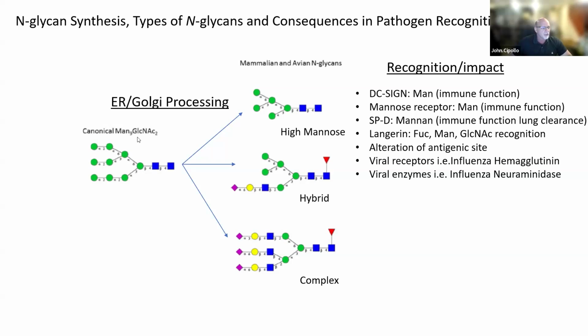N-glycosylation starts with the transfer of the canonical Glc3Man9GlcNAc2 to protein. That's quickly trimmed back to Man9 in the ER. And then it moves on through the late ER and the Golgi stacks for processing. And in mammalian systems, that gives rise to high mannose glycans, hybrid glycans, and complex glycans.